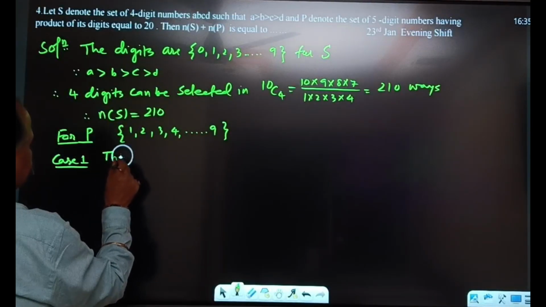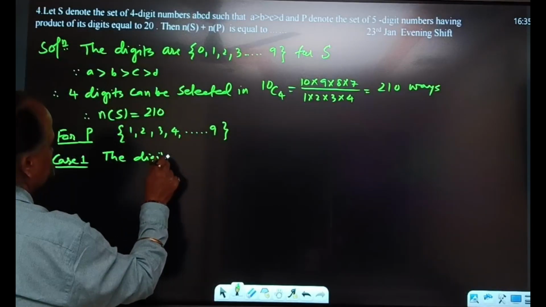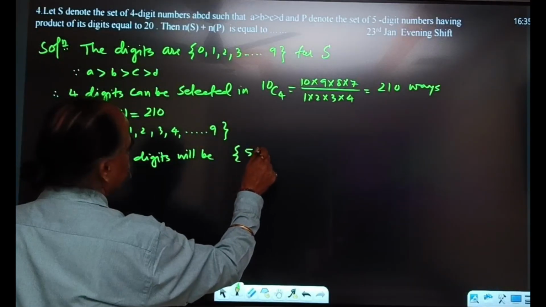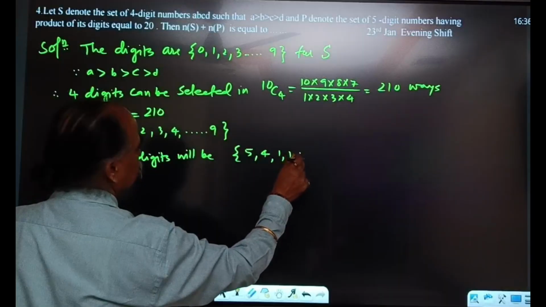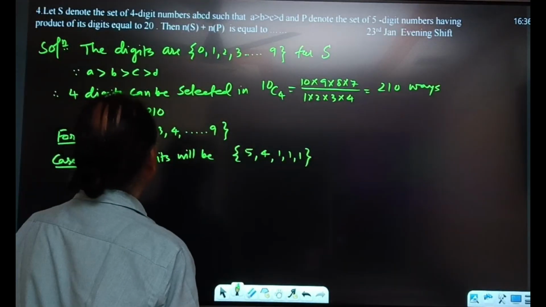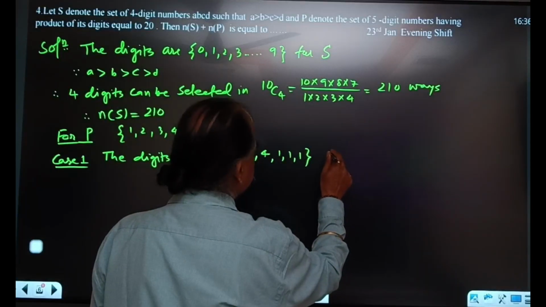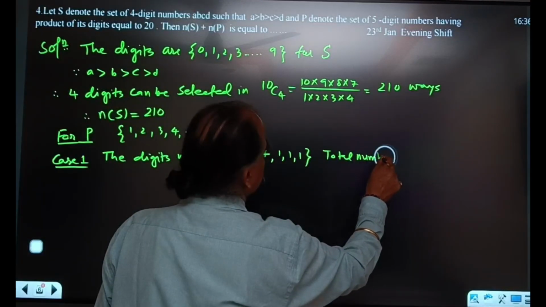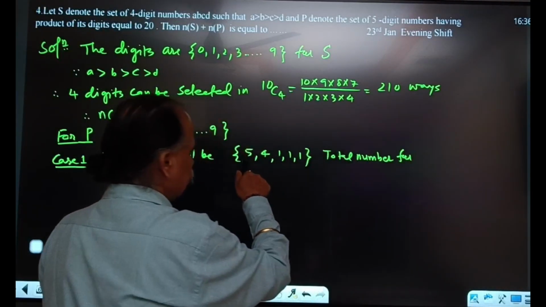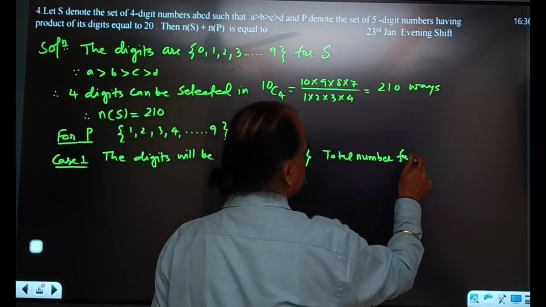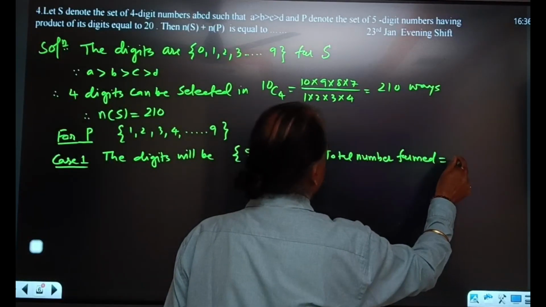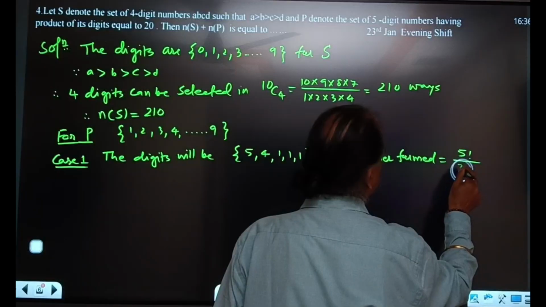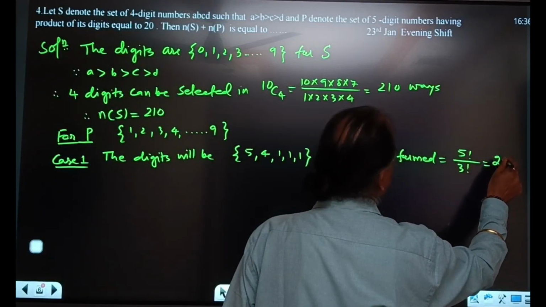The digits will be 5, 4, 1, 1, 1. The total number that can be formed in this case, product will be 20, is 5 factorial divided by 3 factorial, which is 20.